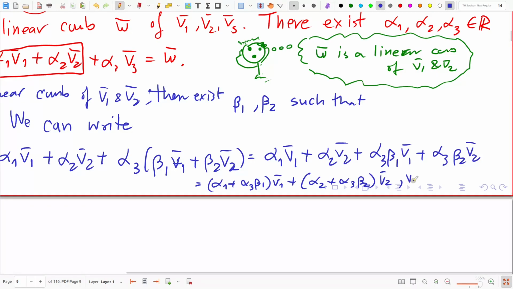So we conclude that V3 is a linear combination of V1 and V2 as required. So this is the proof of this lemma, of this fact.